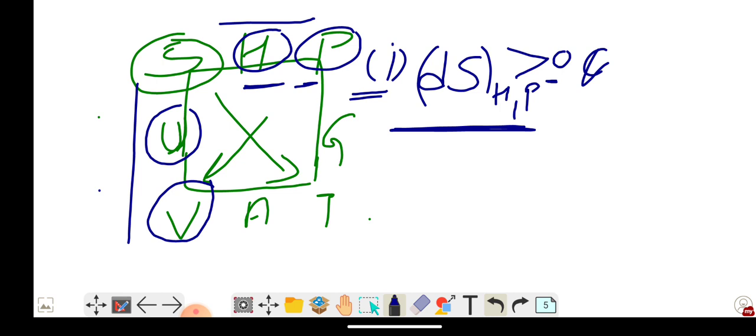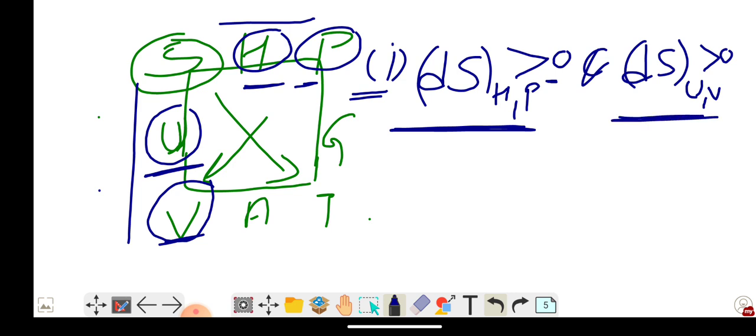So dS at constant H and P is greater than 0, and dS at constant U and V is also greater than 0. So this is the spontaneity criteria in terms of dS.